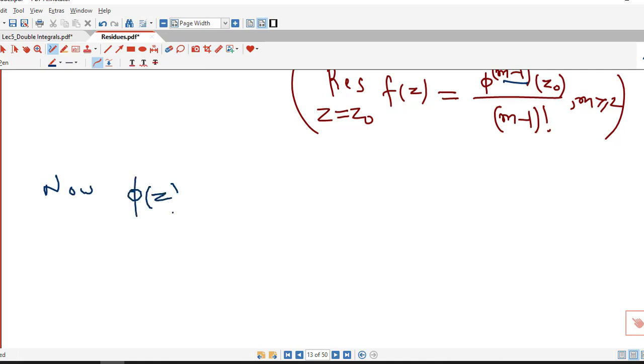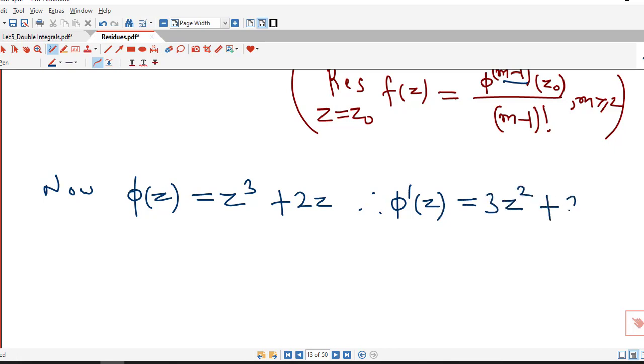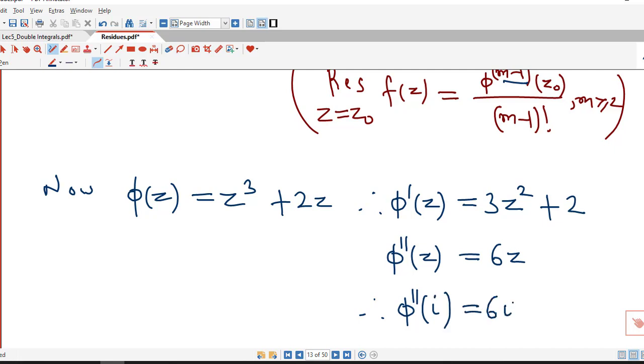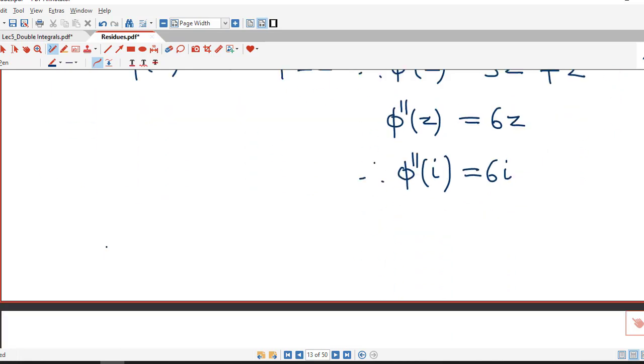Therefore the first derivative is 3 times z square plus 2, and therefore the second derivative is 3 into 2z, that is 6z, and we are interested in the second derivative at point i. So we put z equal to i and we obtain the second derivative at point i equal to 6i.